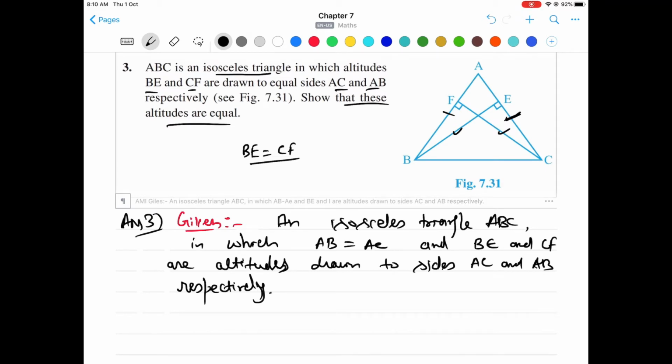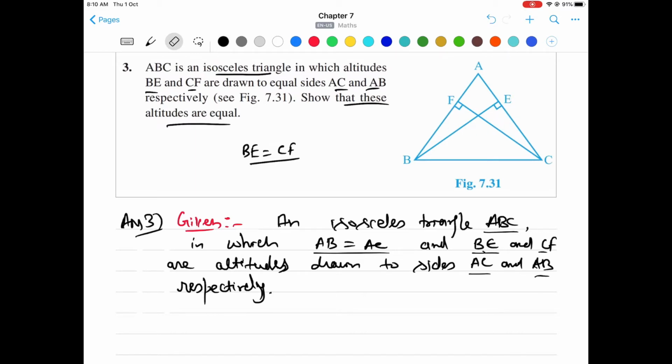So simply we have an isosceles triangle ABC in which AB is equal to AC, and BE and CF are the altitudes drawn to sides AC and AB respectively. So it means BE is on AC and CF is on AB. You can see from the figure also.